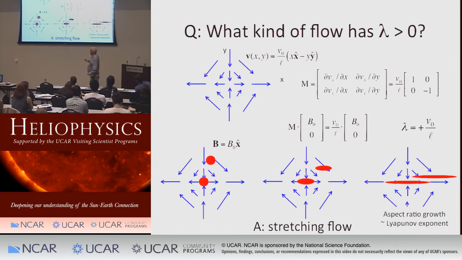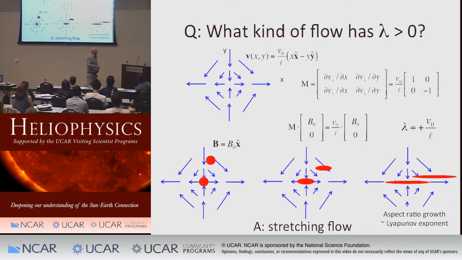If I put in a little circular drop of dye and put it into this flow, then that dye, which was a circle, is going to get stretched into an ellipse, and then a longer ellipse, and a longer ellipse, right? So there's one direction in this drop of dye that's being extended. It turns out that's the eigenvalue I'm after.